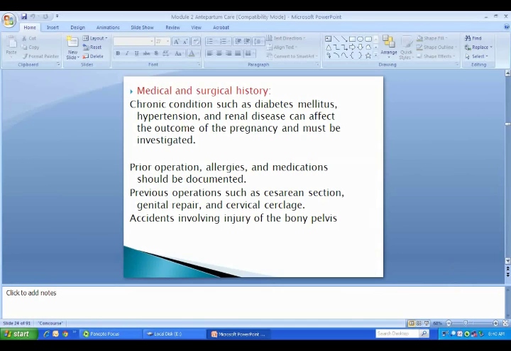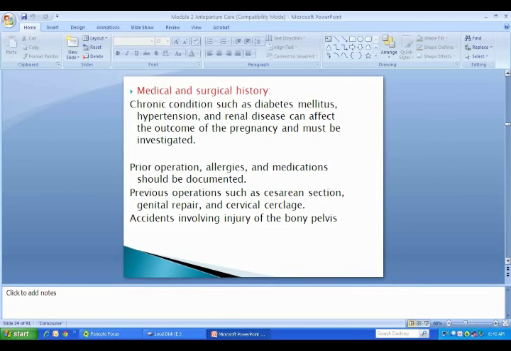So medical and surgical history, of course, something such as diabetes or hypertension, those chronic conditions can impact the growth and the nourishment of the placenta, and the mother's well-being. So of course that's important. Renal disease can affect the outcome of pregnancy.